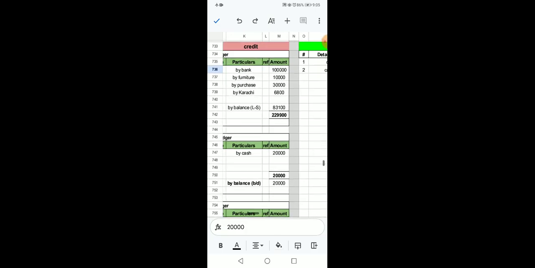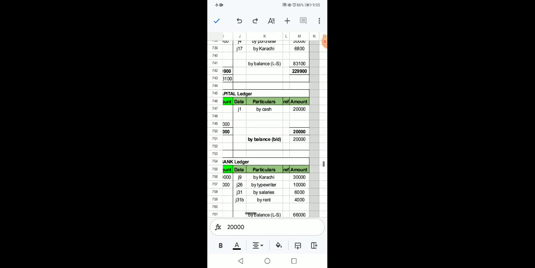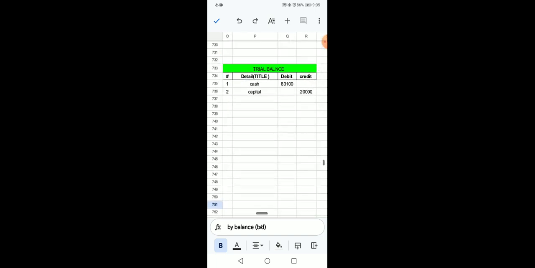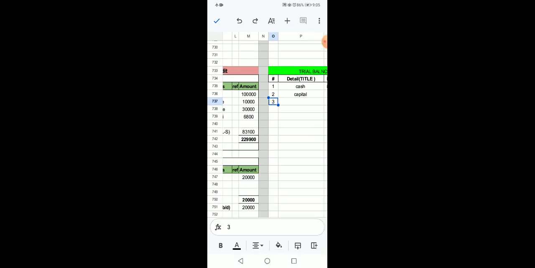It is a simple procedure we are doing. We look at the balance brought down, and we see where this balance brought down has been written. The balance brought down was written on the credit side. You have chosen the credit side. The amount was 20,000, and the same amount you have posted on the credit side. Two ledgers are completed.